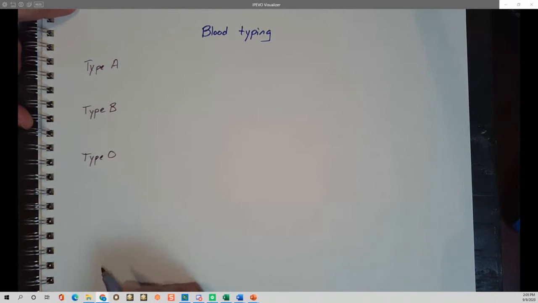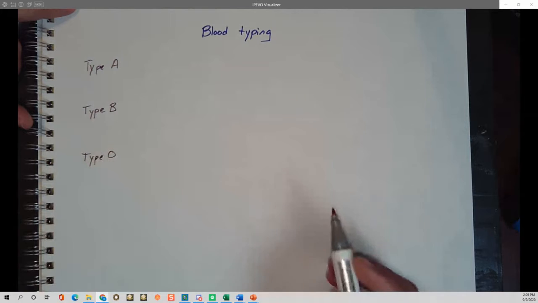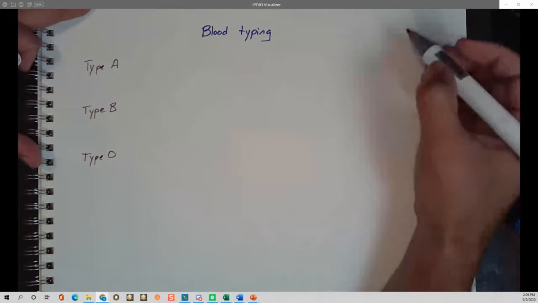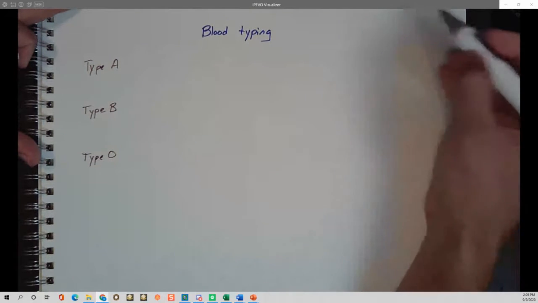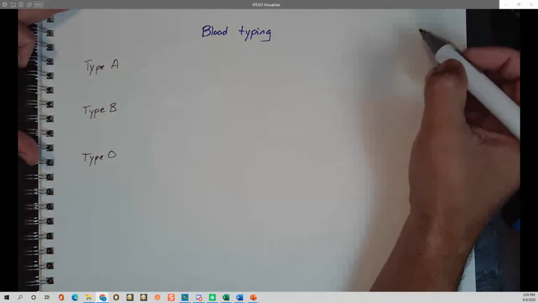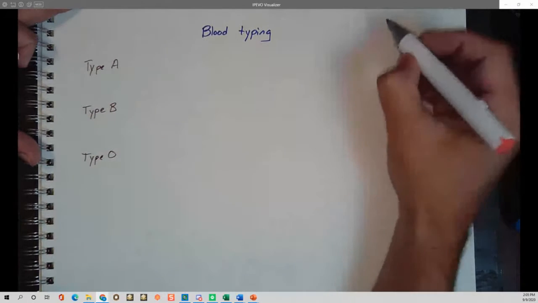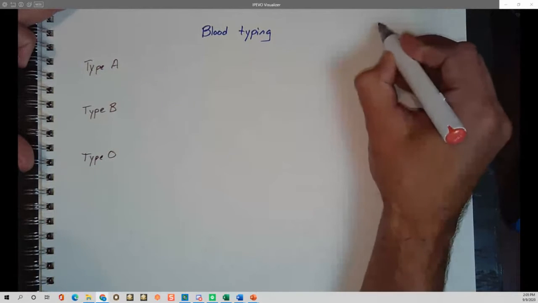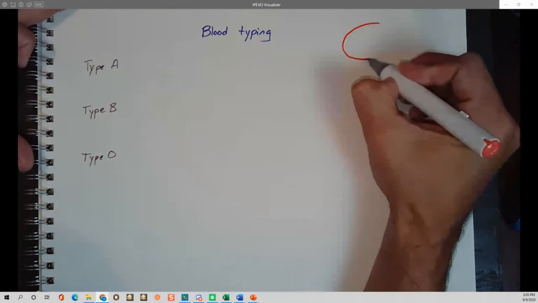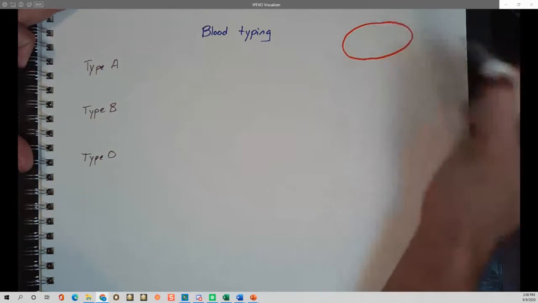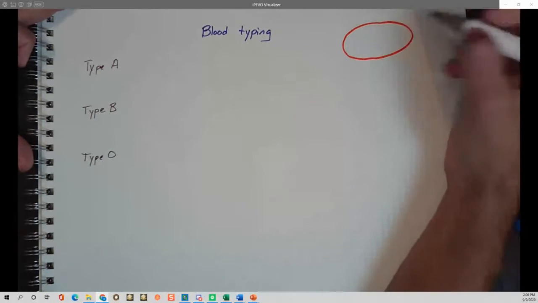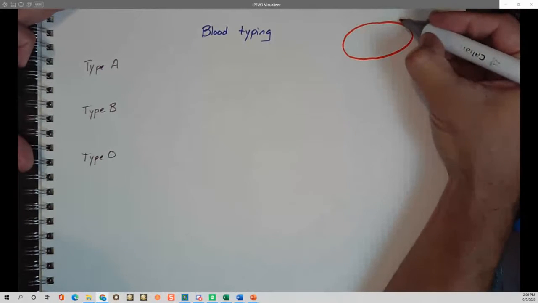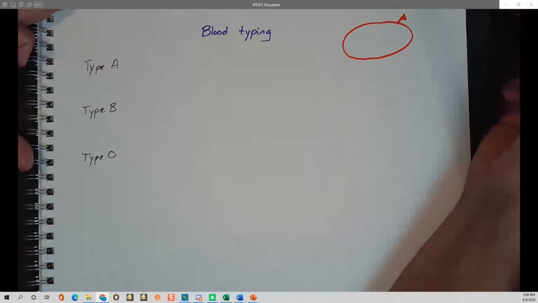What is a blood type? What does that even mean? A blood type has to do with a particular identity marker, which is basically a protein and a carbohydrate put together that's hanging off of the cells of your body. So if we come over here and start to draw, say, a red blood cell, because that's ultimately what we're after here, and we put a little flag on it, and I like to draw actual flags, it's more fun that way.